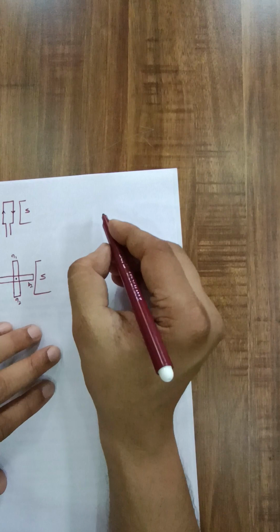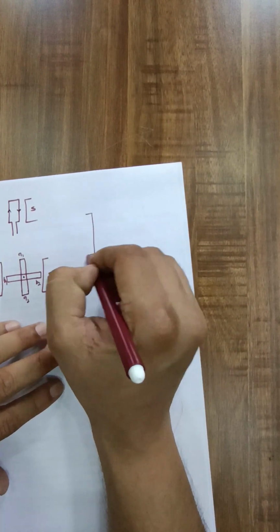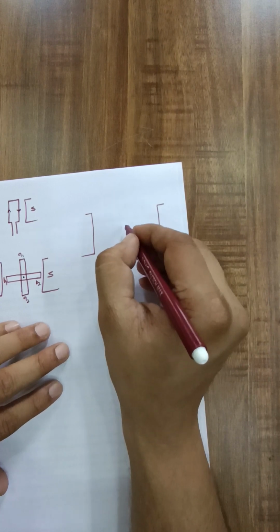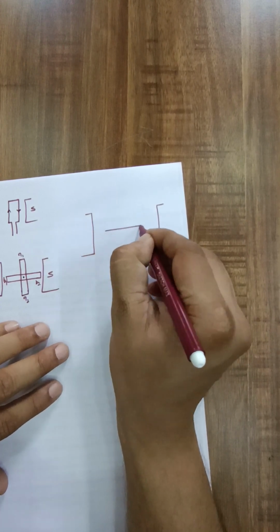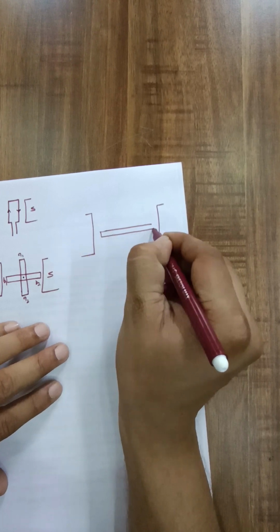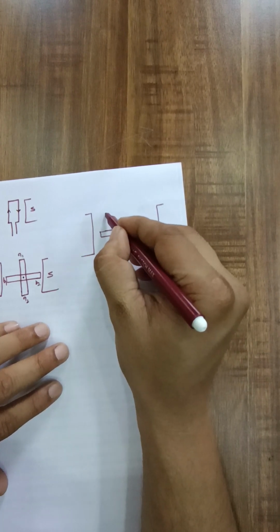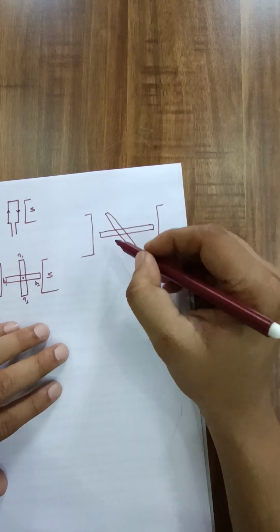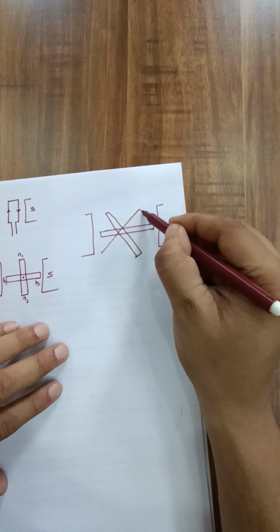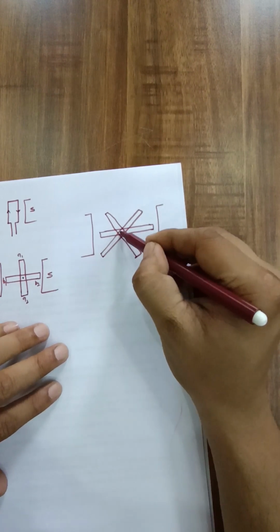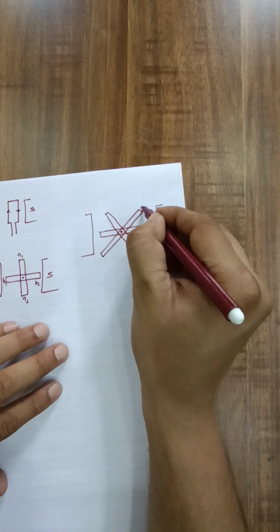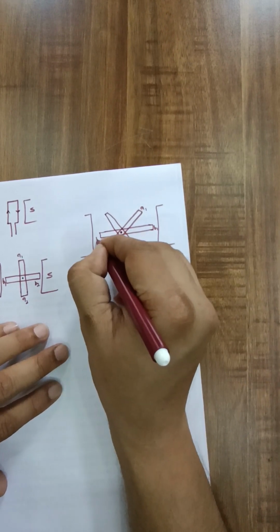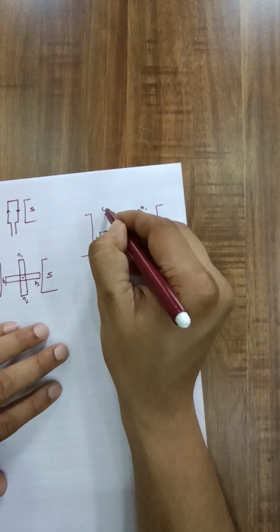Again for three phase, we are having N and S pole and we will have three coils now. A1, A2, B1, B2, C1, C2.